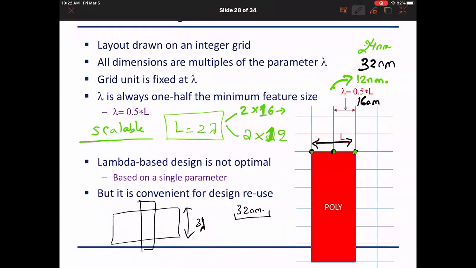I know that this is 32 nanometer. What do I know about L from this scalable design rule? That lambda is what in relation to L? Half L. They agreed on it. So lambda is half L. In 32 nanometer, it is half times 32. Can I know my width now?